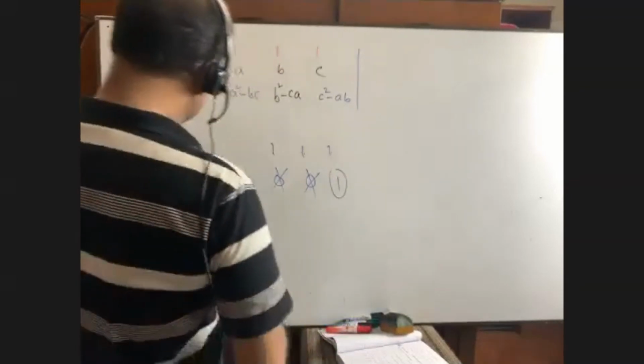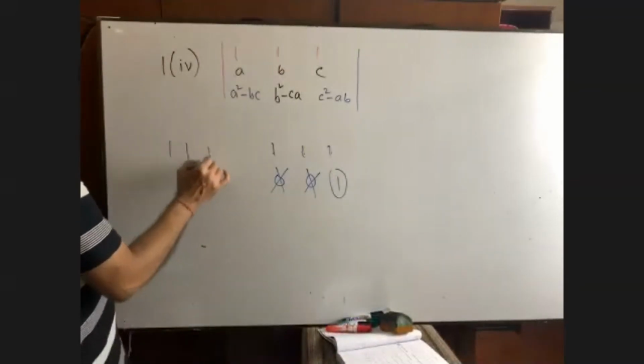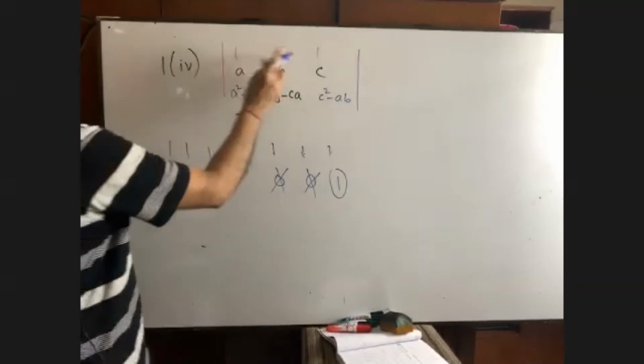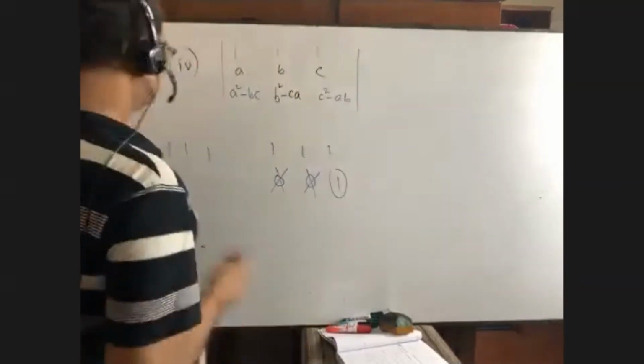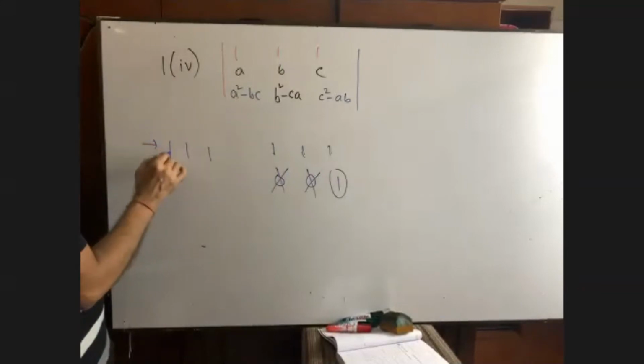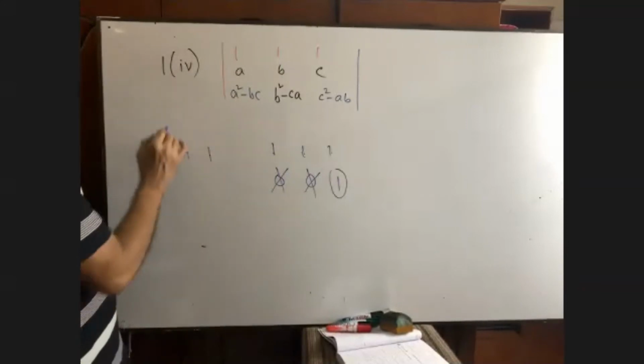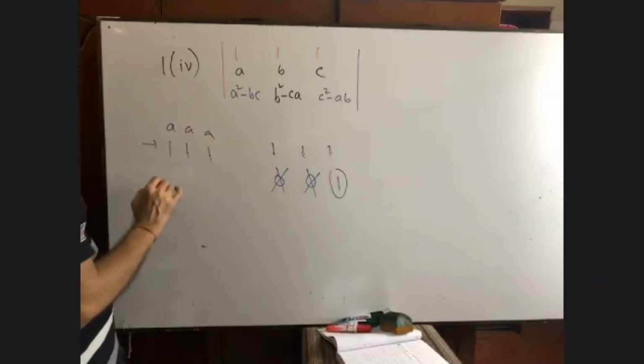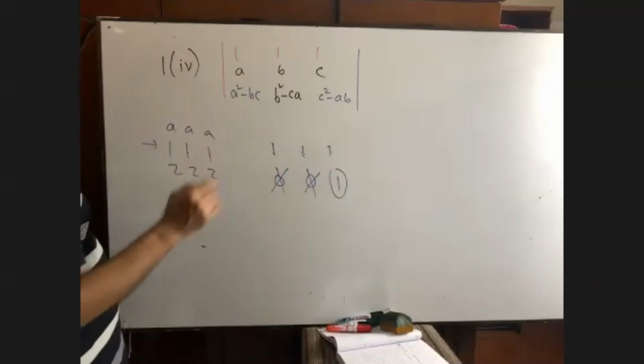Our main target is to get 1, 1, 1 in every math, and in this math it is given. Second target, to make 2 zeros. What is our main target? 1, 1, 1. Or same thing, it may be A, it may be 2, 2, 2. It is immaterial.